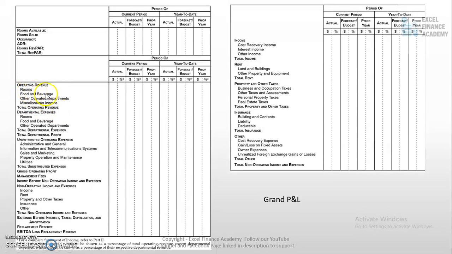So here you have rooms department, F&B, other operating departments, and then you can see the expenses for each department: rooms, F&B, other operating departments, administrative and information technology, sales and marketing, property operations, utilities, and then you have non-operating expenses. So this one-page summary can give you an overall overview of your hotel's performance.